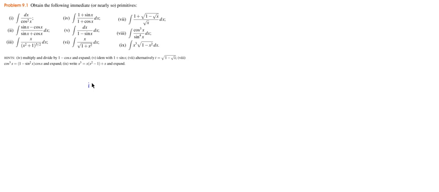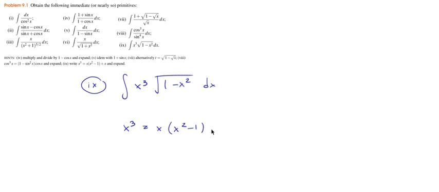And finally, 9 is the primitive of x cubed times the square root of 1 minus x squared. And it says in 9 write x cubed as x times x squared minus 1 plus x, and expand. So this is going to be x times x squared minus 1 times this. So this is x squared minus 1 to the 3/2, or minus this, because we have changed the sign here.